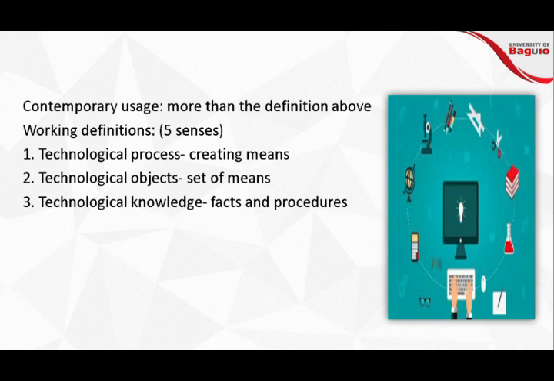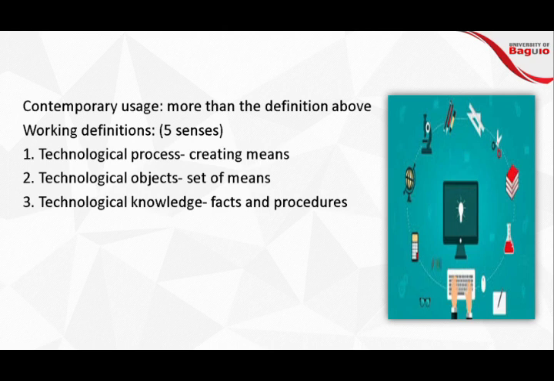And it consists of these facts and procedures that are necessary to order or manipulate the matter, the energy, and the information, as well as how to discover new means for such transformations.